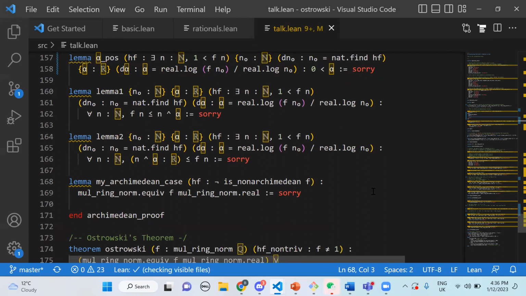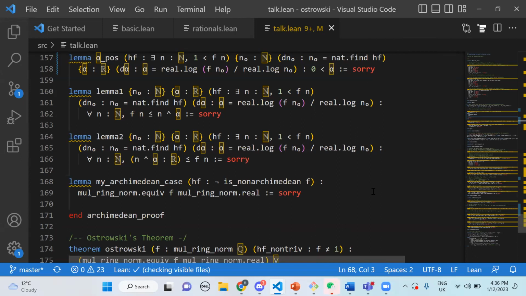So we divide that into two cases, called lemma 1 and lemma 2. There is some repetition here, but we will go through them later. If these two are true, then we know that it is equal, and then if f is Archimedean, it is equivalent to the real one, and this is basically done.